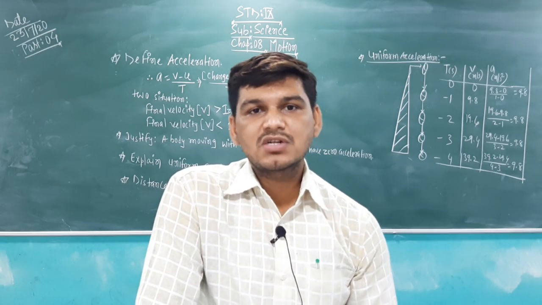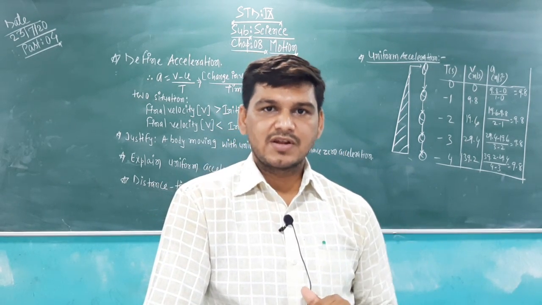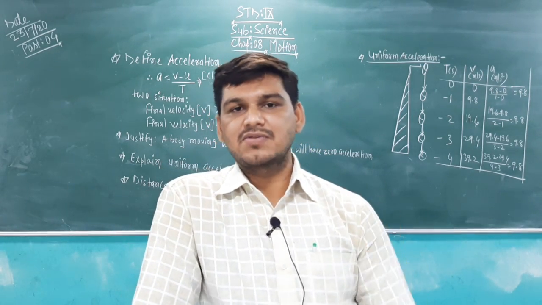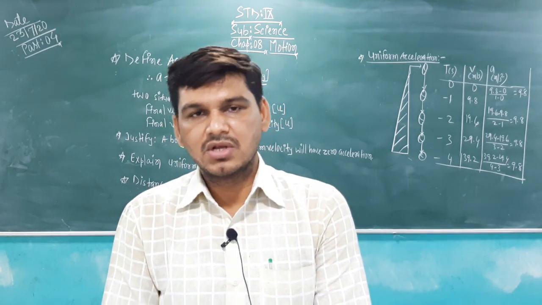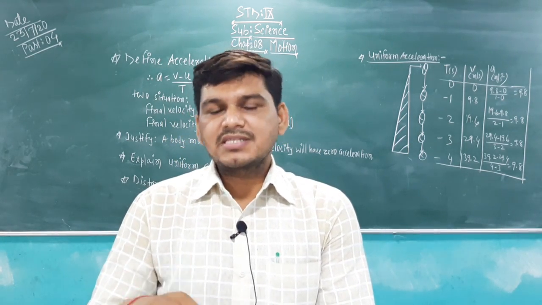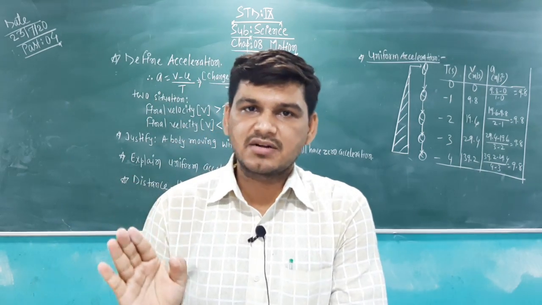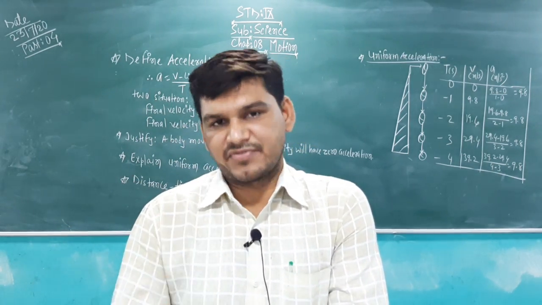So 60 is my final velocity. So final velocity minus initial velocity gives the acceleration. 60 minus 30 is equal to 30, divided by the specific time, gives the acceleration. So in this type of occurrence, final velocity is greater than initial. Initial is 30 and final is 60. It means that this value gives positive acceleration.